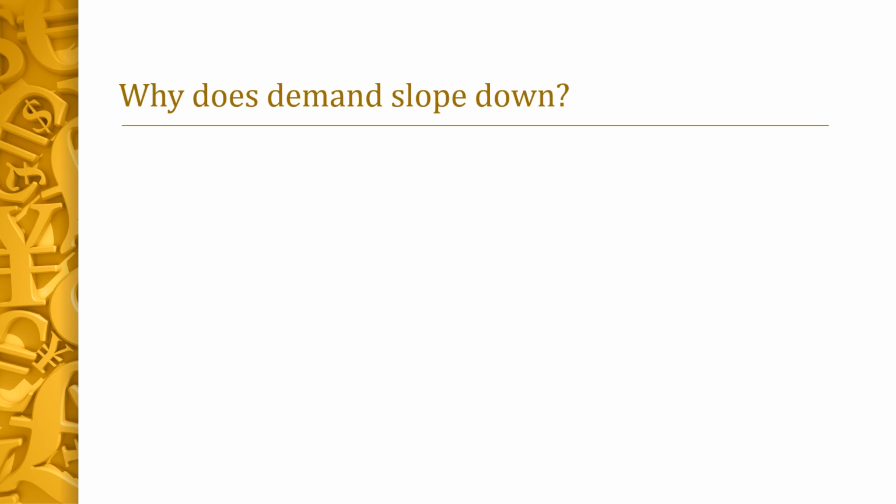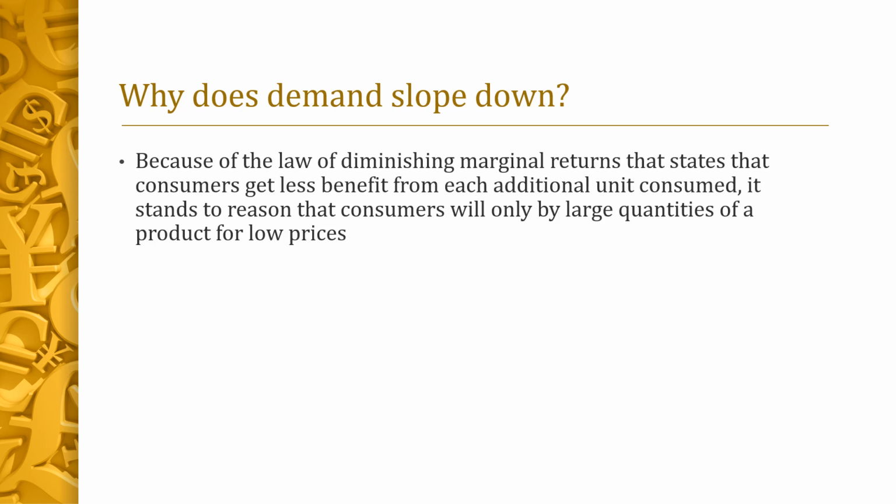There are several reasons that contribute to why the demand curve slopes down from left to right. The first is because of the law of diminishing marginal returns that we saw before, that states that consumers get less benefit from each additional unit consumed. Therefore, it stands to reason that consumers will only buy large quantities of a product for low prices.